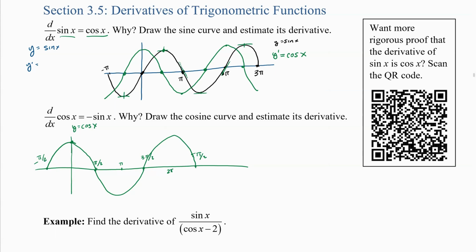Now, let's say, again, for the sake of argument, we don't know what this is. What would we say? We would say every place there's a horizontal tangent, the derivative graph is 0. Horizontal tangent, 0. Horizontal tangent, 0. Every place there's a horizontal tangent, the slope is 0 on that curve, and therefore the derivative has the value 0.